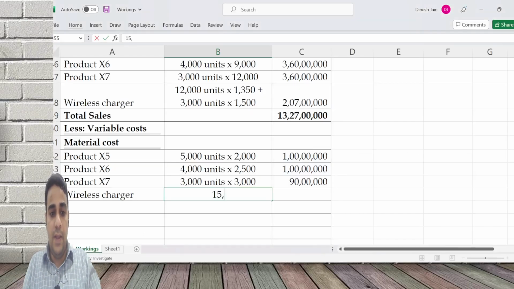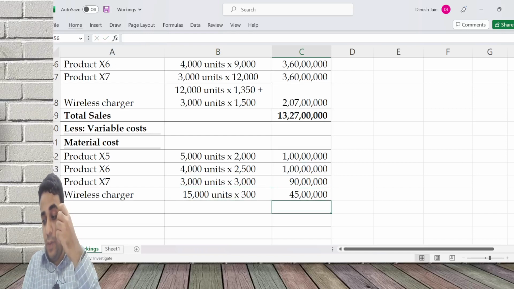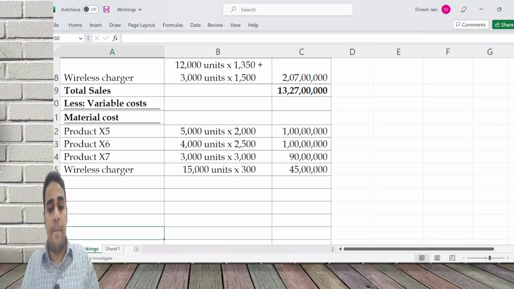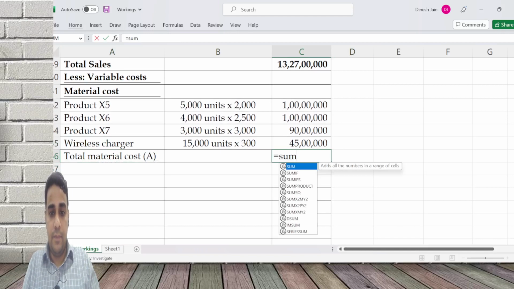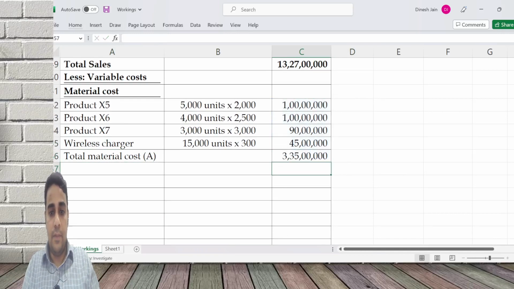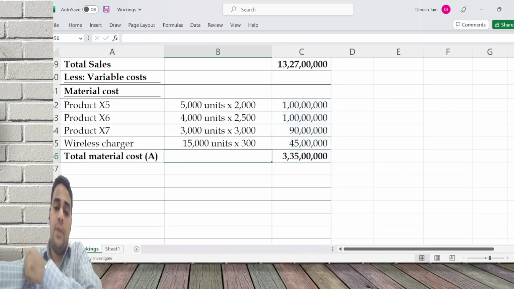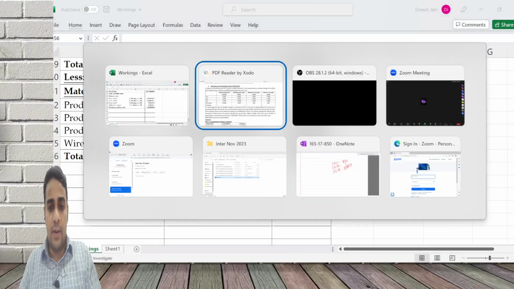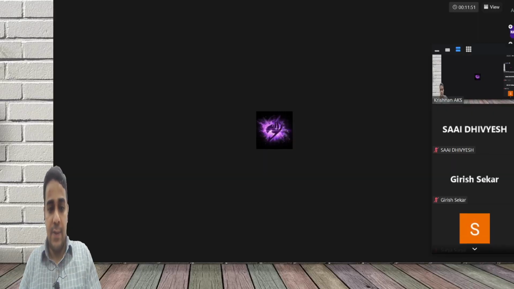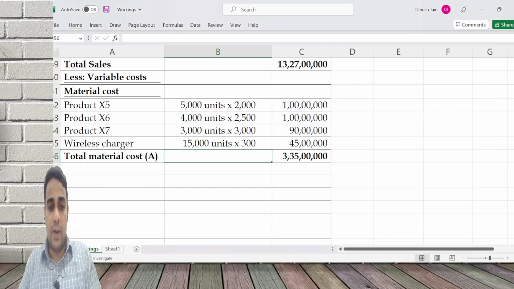Last product 15,000 into 300. Total material cost, capital A. They've not asked for a product wise profit statement, they've just asked overall. So we are clubbing all of them together. Total material cost is 3 crore 35 lakhs.